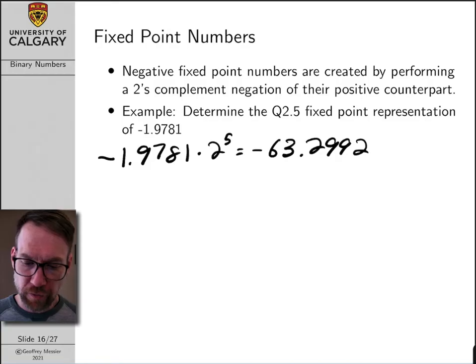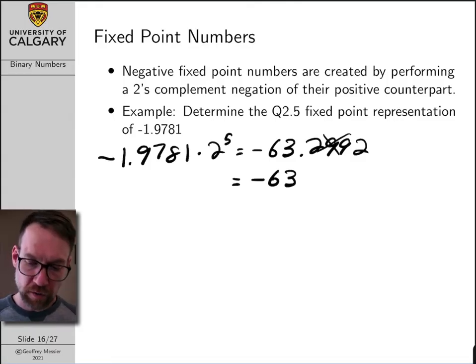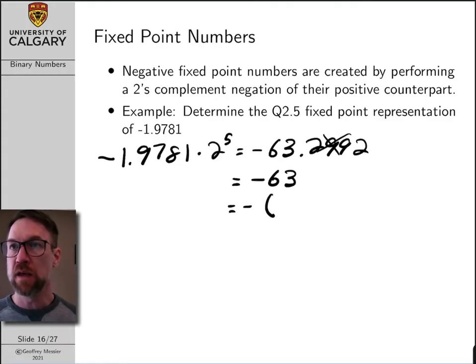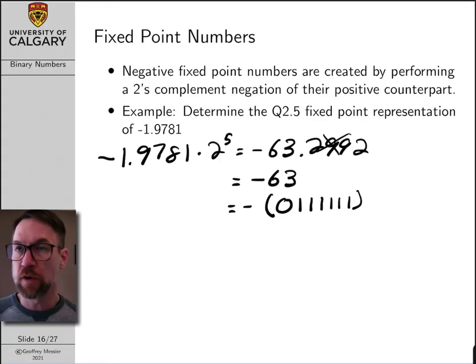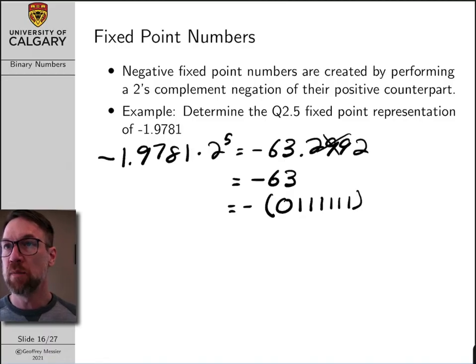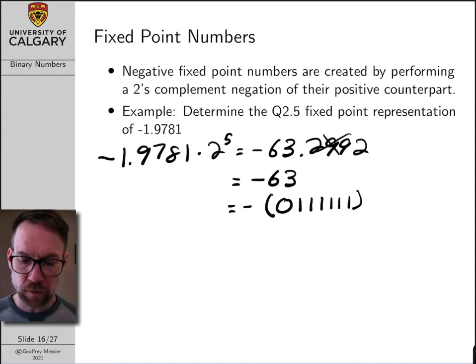We discard the fractional part again, so we're going to work with just negative 63. And the positive binary representation of 63 is 0 followed by 6 ones.